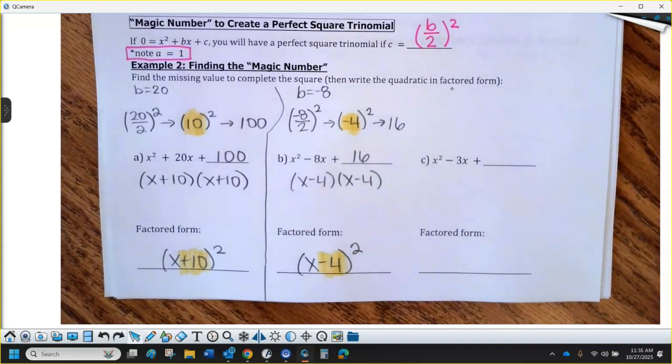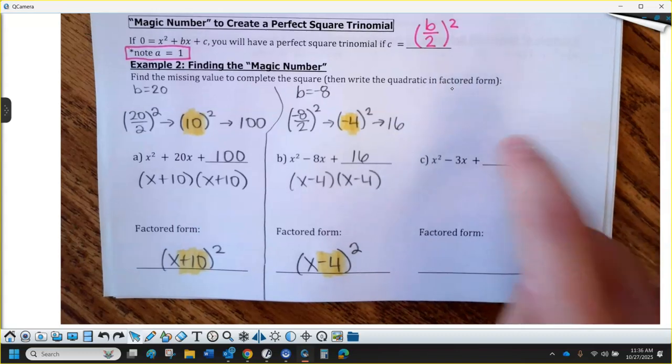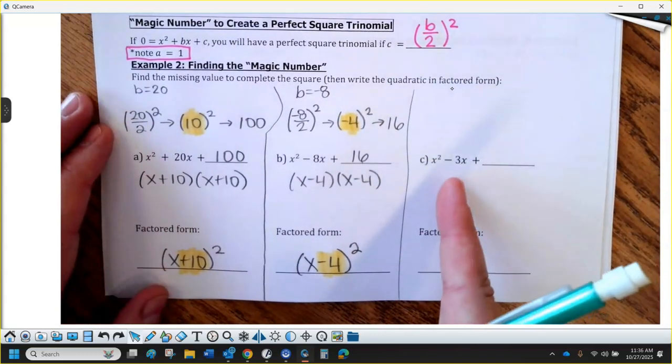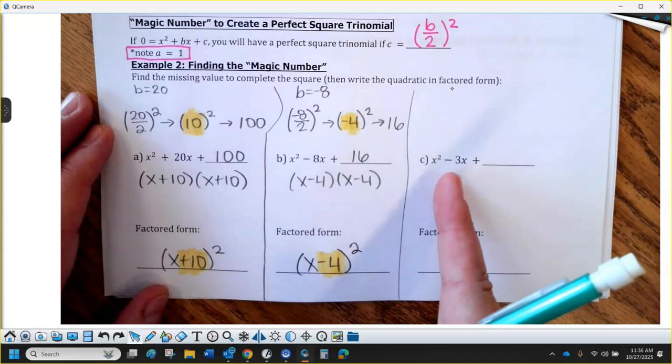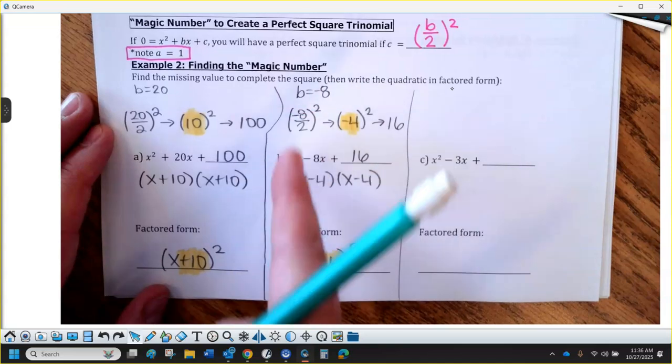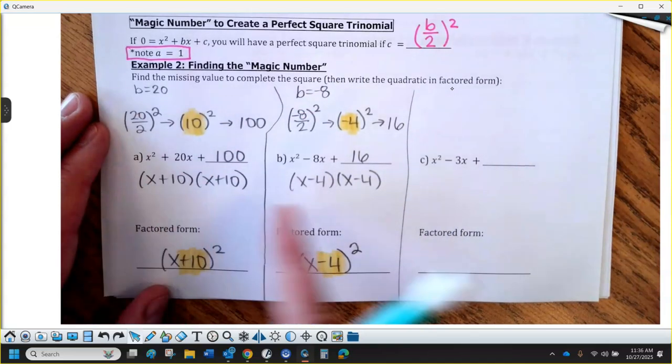I promise if you do this correctly, and you're going to be like, why are you harping on this? I could have figured this out. The reason I'm harping on this is this last question. Now in this problem, the b value is not an even number like it was here. Here, I could divide negative 8 by 2. Here, I can divide 20 by 2.